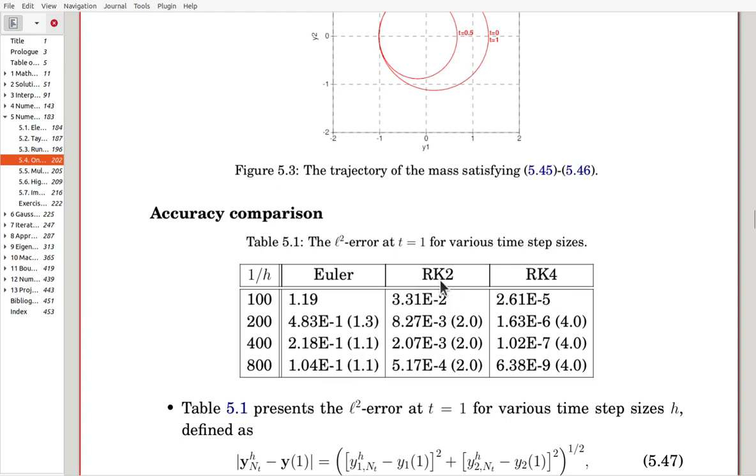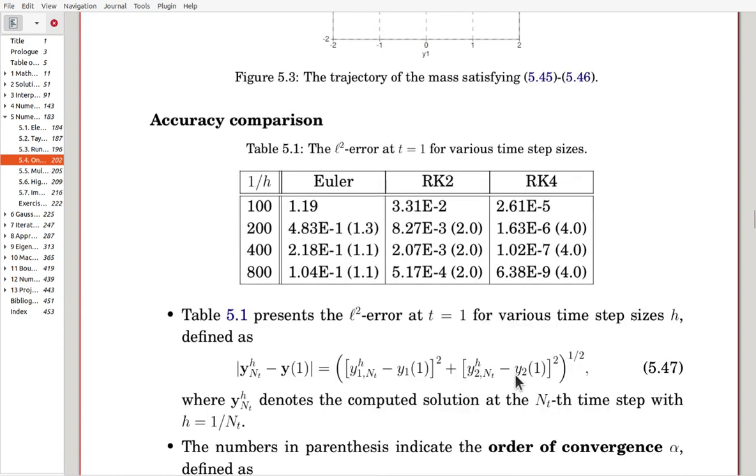For the second order method, you can see better accuracy, and by comparing the errors, it is really second order. Here we can find the accuracy order. The fourth order method is way better than the other two. Here the error is really small.